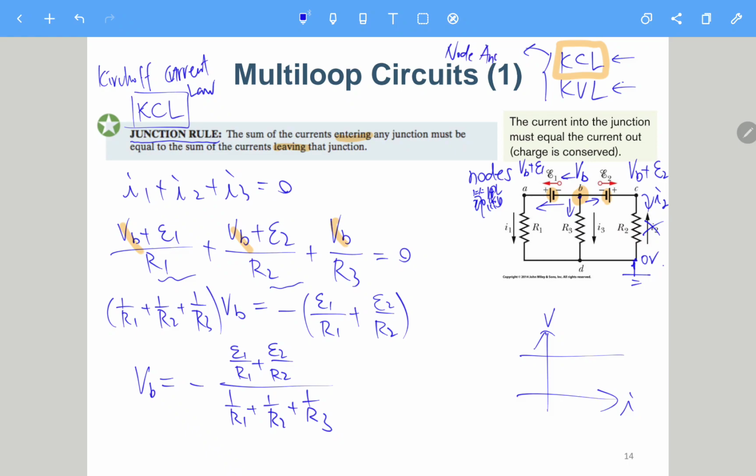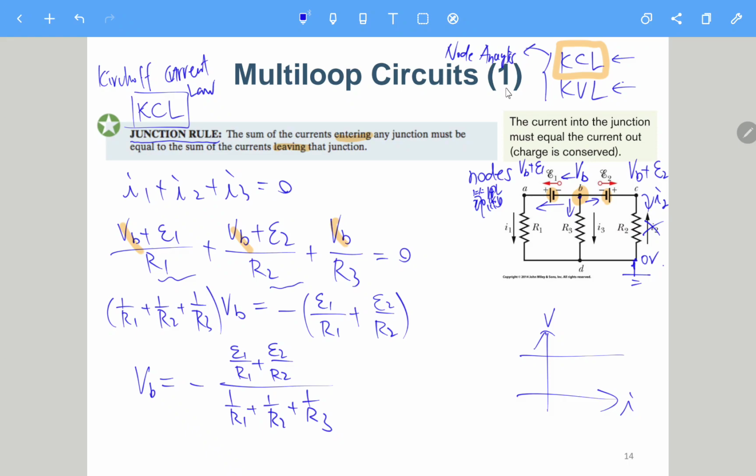When you know KCL and KVL, you are free to write KCL for a node, or write KVL for any loop. You will still get the correct answer if you are careful enough. In a single circuit you may write some KCL and some KVL, and you may still be able to solve it.